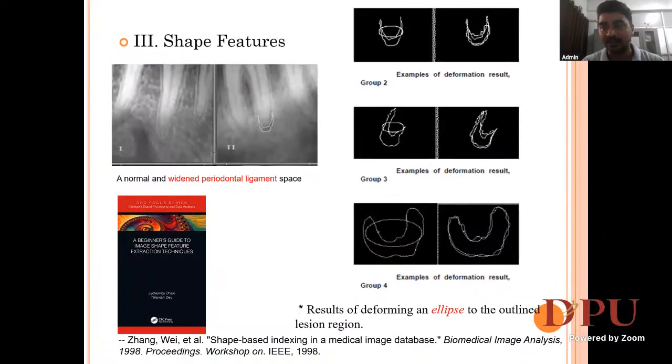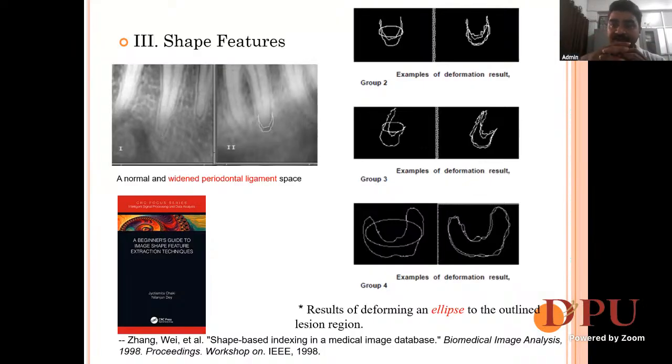And the third one is the shape-based feature. What is shape-based? Say, for example, you are dealing with teeth, and in the teeth there is an inflammation, where the periodontal ligament is getting inflamed. Now, how can you train your system with this particular shape? What is the shape of that inflammation? You try to fit an ellipse.